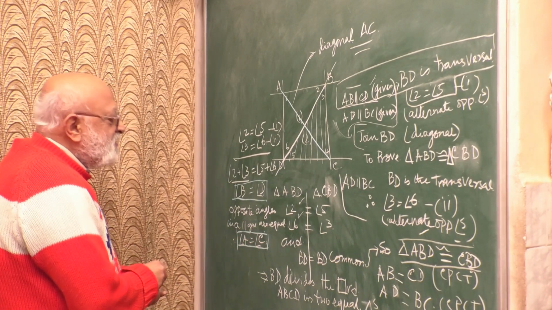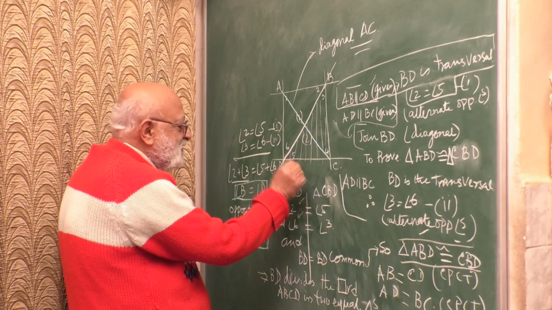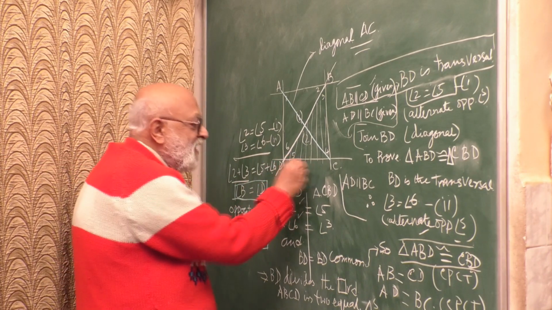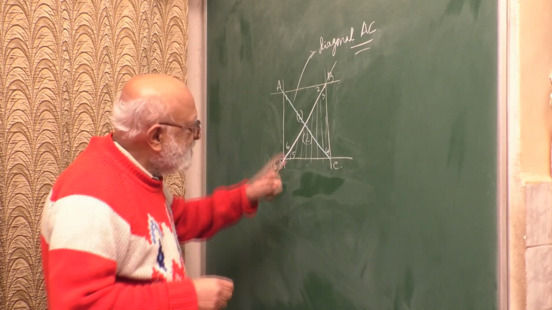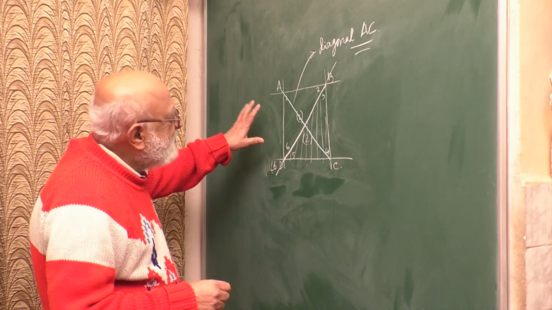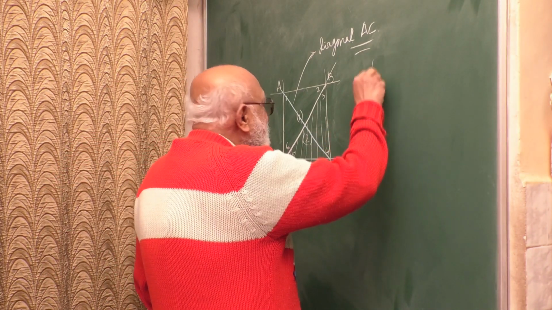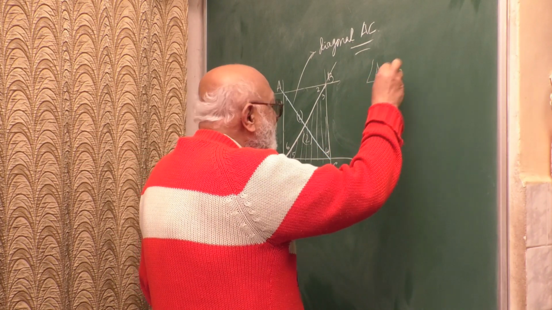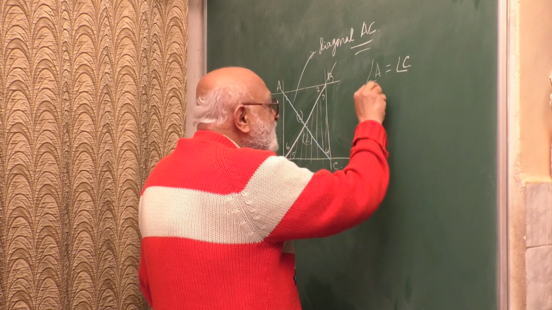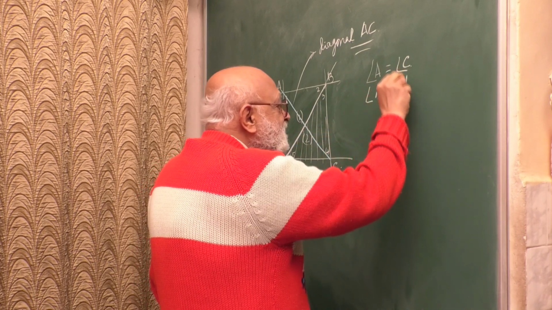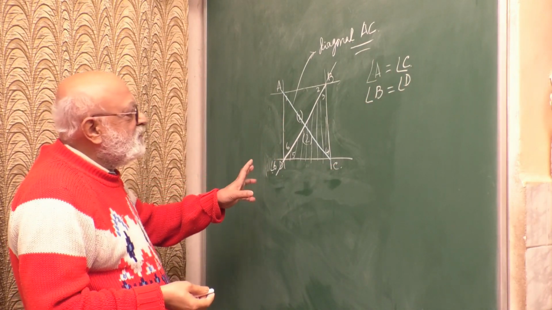Now from here, we will go on. I will keep this quadrilateral as it is, and then I will develop certain further things. In our previous one, we have just proven that opposite angles are equal, that is angle A is equal to angle C, and angle B is equal to angle D. Now the next one is the reverse that we are going to prove.